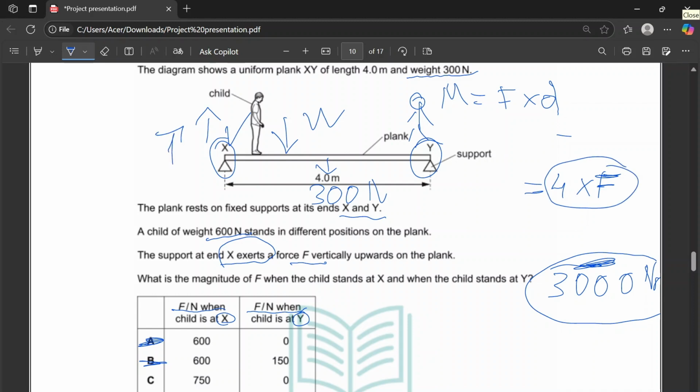Then we don't need the child, so this will be equal to 2 times the mass of our beam. So this will be 6000. So our total will be 6000. This will be equal to this. If we just divide it by 4, it will be 150 newtons. From that we can conclude that D is the correct answer.